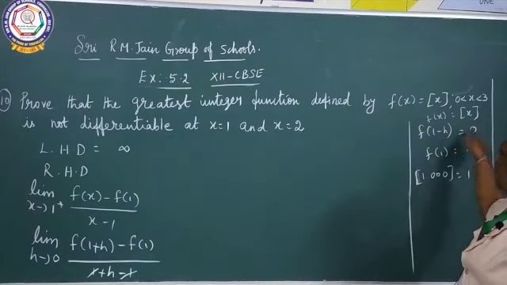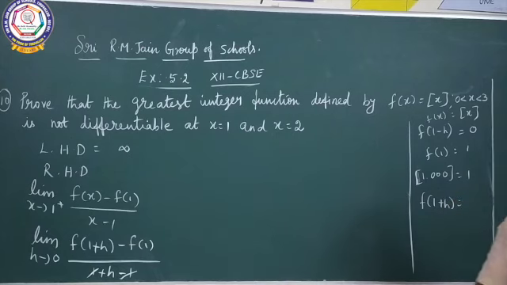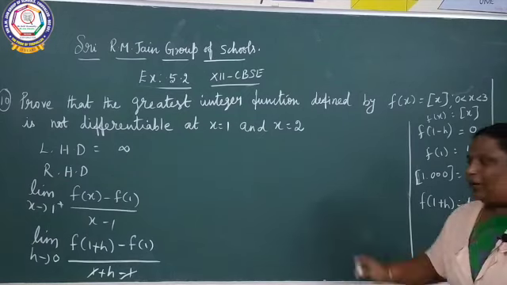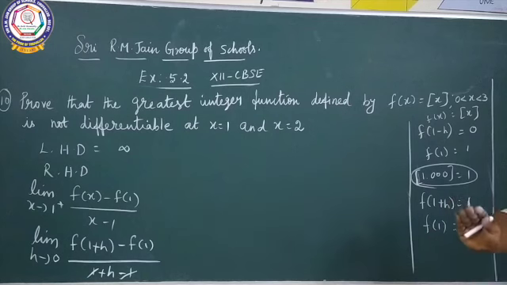Obviously you can say, f of 1 plus h is 1. f of 1 value is also 1. If 1 plus h is 1.1, 1.2, approaching 1, the value is 1.